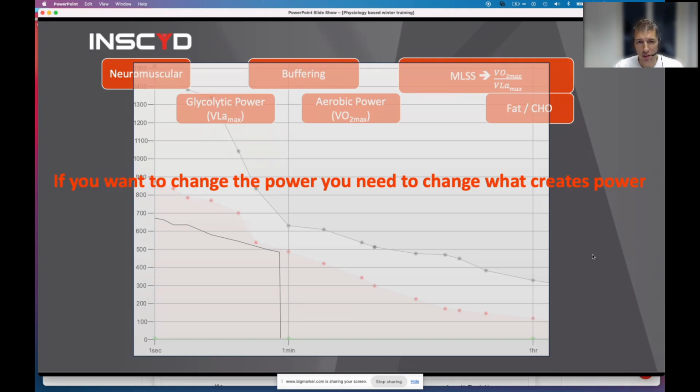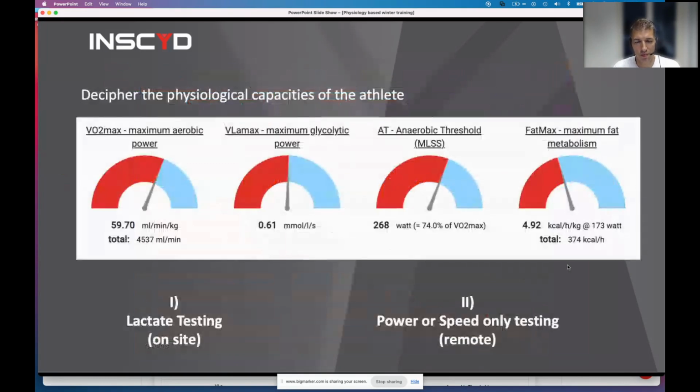Now, to understand which training is most efficient, you need to understand the physiology of your athlete. That is nothing new to INSCYD. This is why athletes go to human performance lab testing traditionally for decades, to understand, okay, what is my current status?